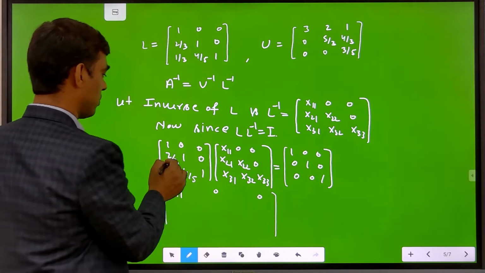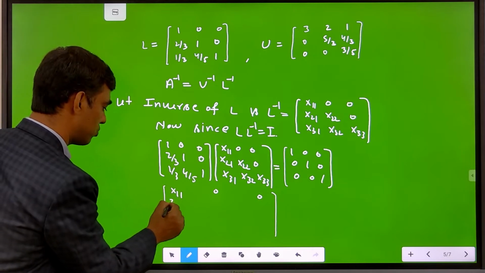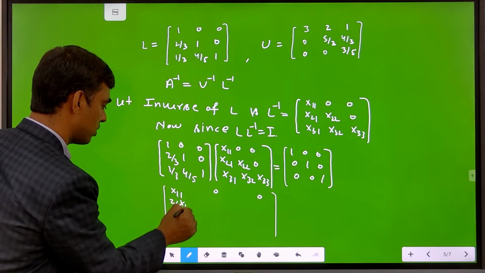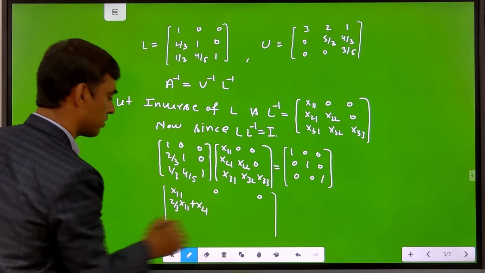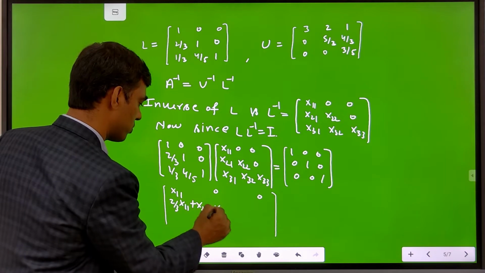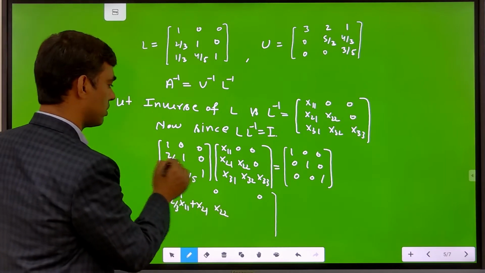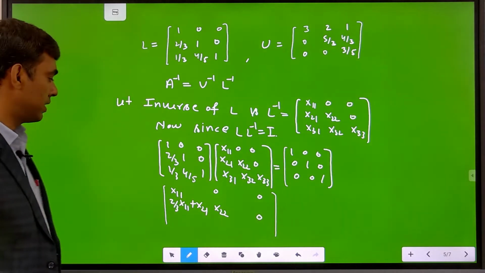Now second row first column becomes 2/3 x11 plus x21. Second column becomes x22. Second row third column becomes 0.